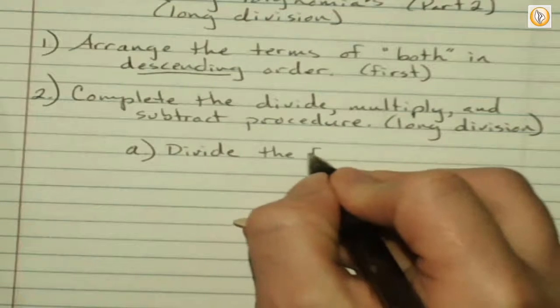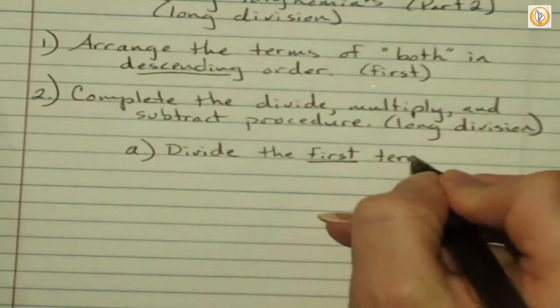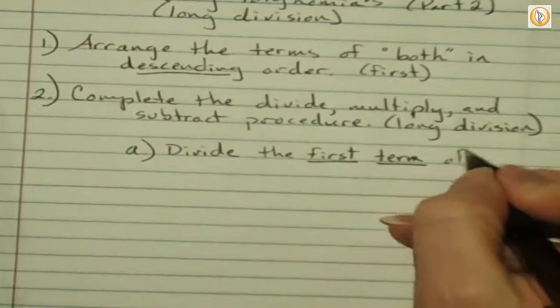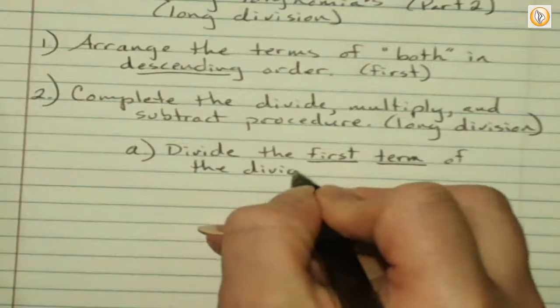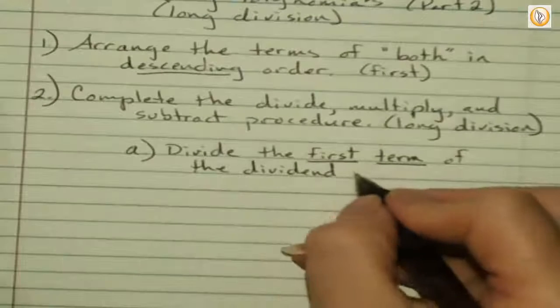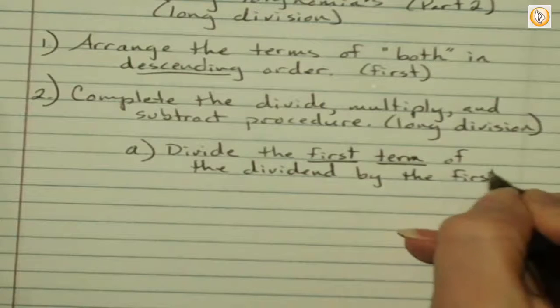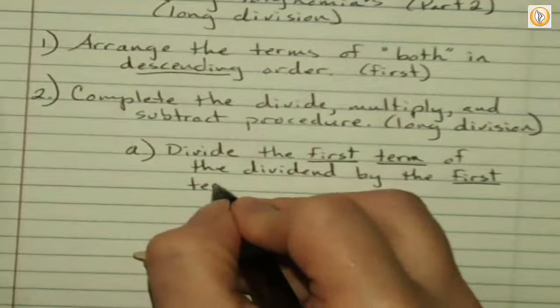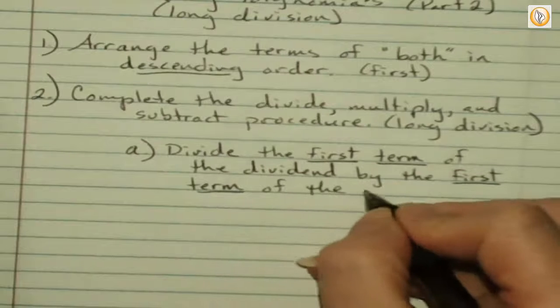Divide the first term of the dividend by the first term of the divisor.